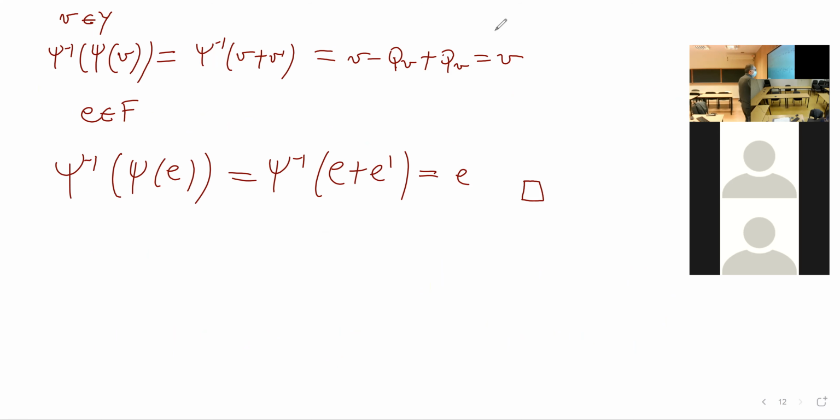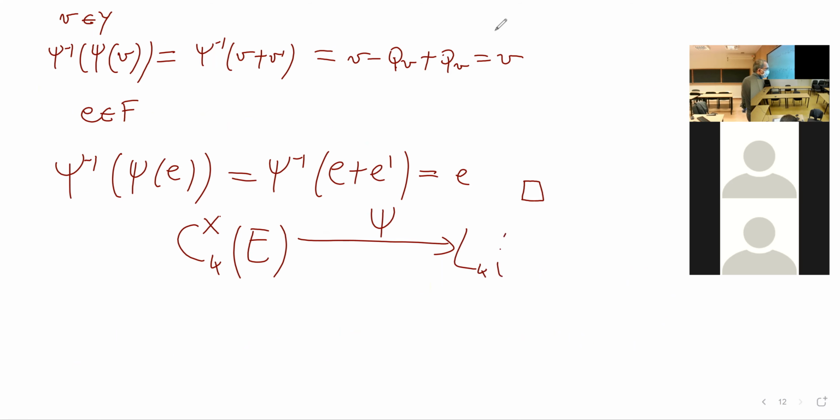So remember, we have the relative Cuntz-Krieger algebra of E, and we have psi, which goes to the Leavitt algebra of X. And here I have psi inverse. And we proved it by looking at both sides as universal algebras given by generators and relations.